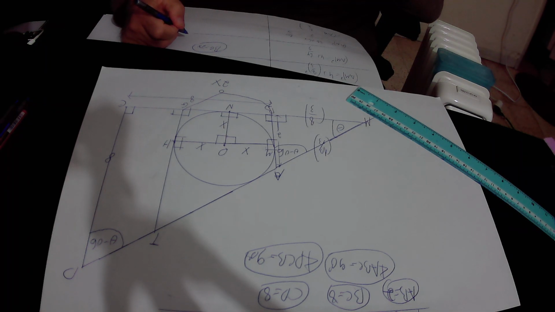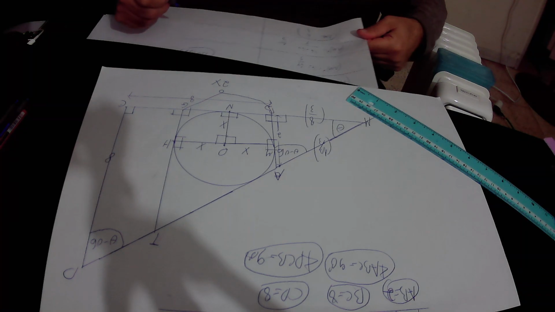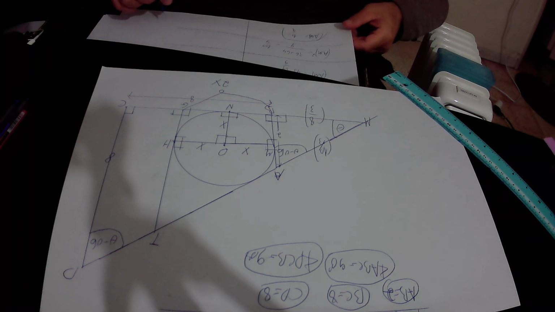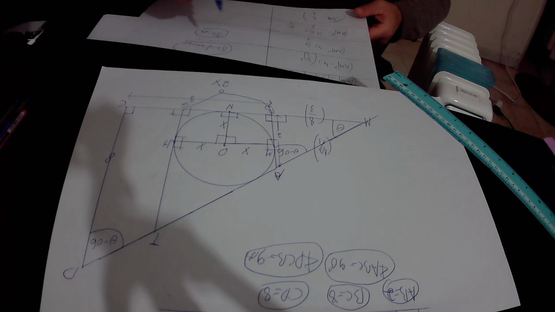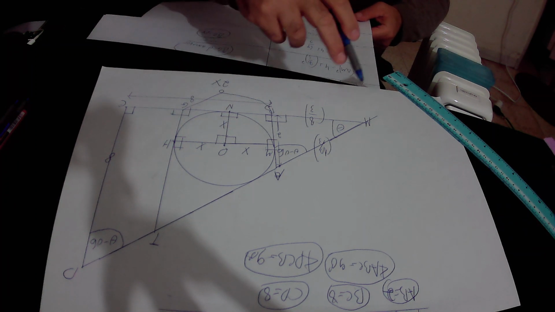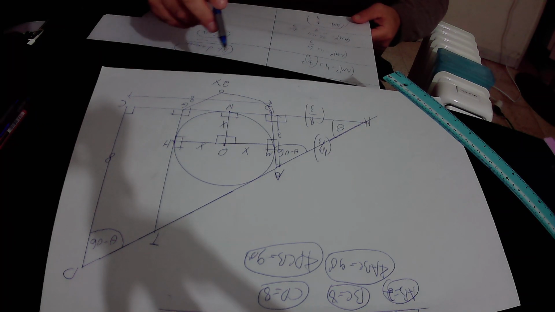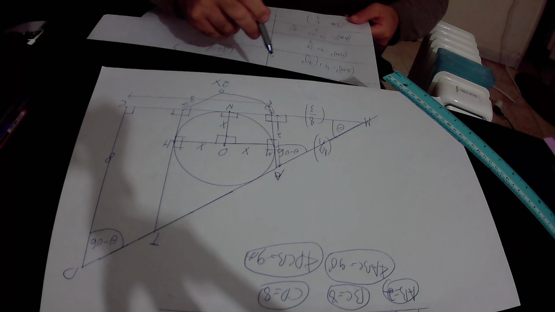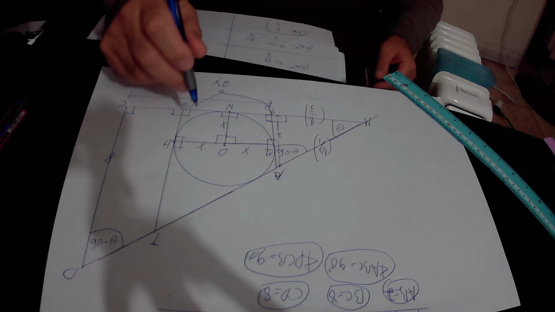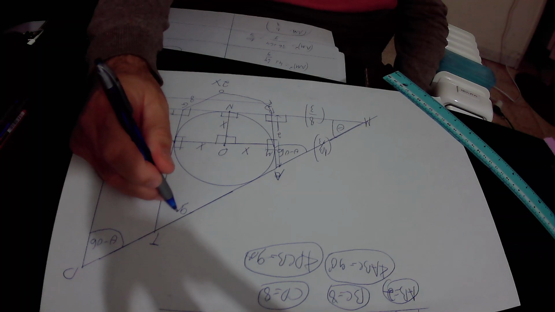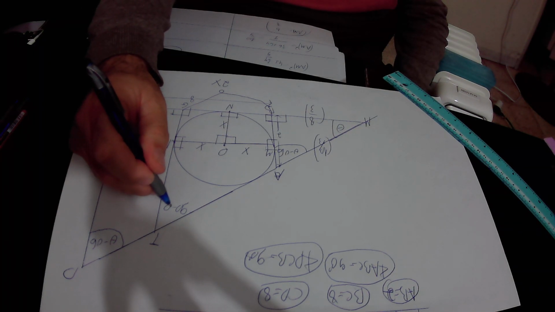Okay, so in the next step, we'll focus on the right triangle MTG. The right triangle MTG, this angle equals 90 degrees, this angle equals theta, therefore the missing angle here must be equal to 90 degrees minus theta, as I already explained before.